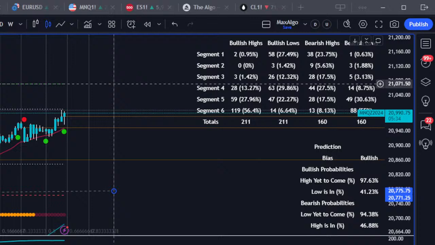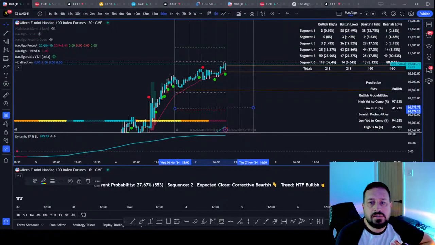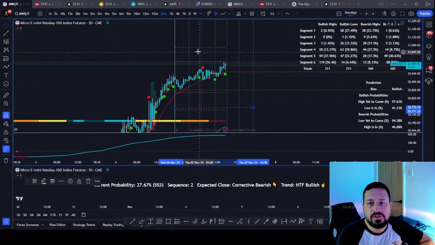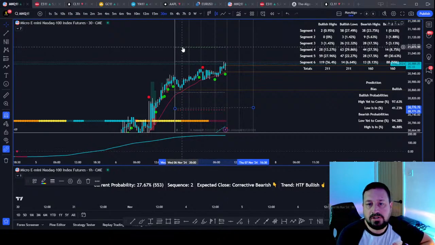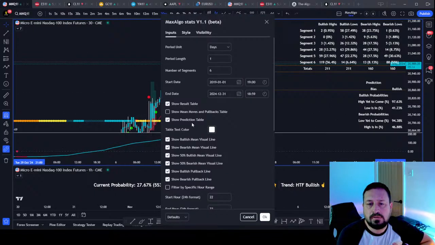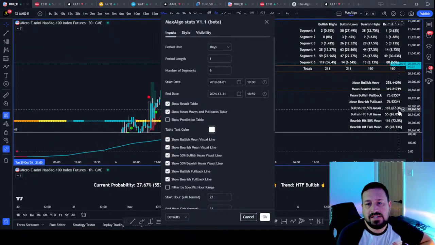So here's our bullish price. So here's our average line, right? Here's our first level between manipulation and distribution, right? So if we're going to be bullish, we can see there's a 67% probability. Let me zoom back into the stats.